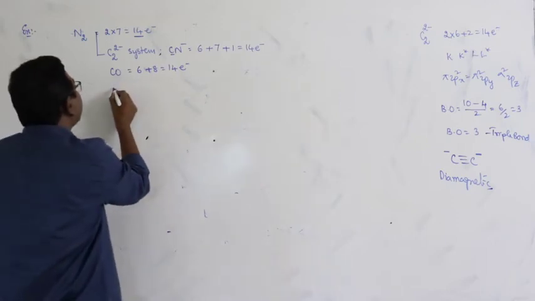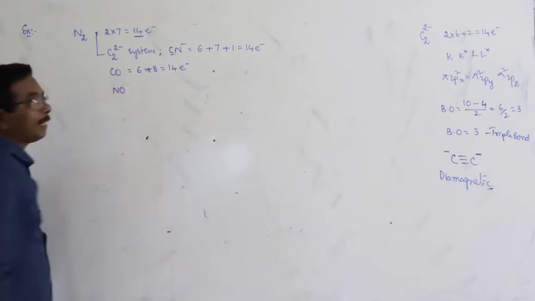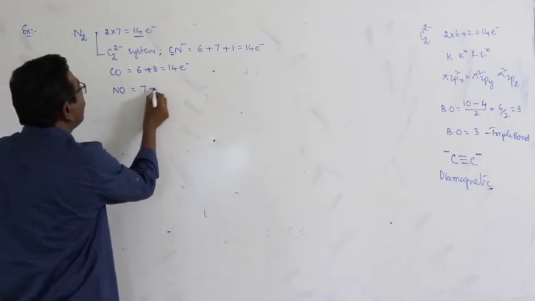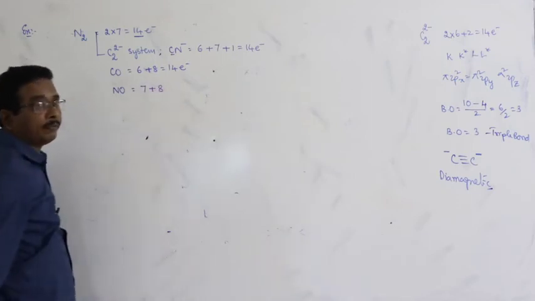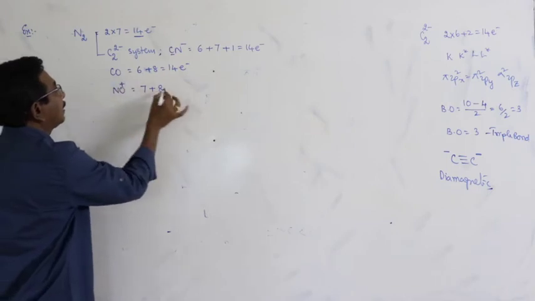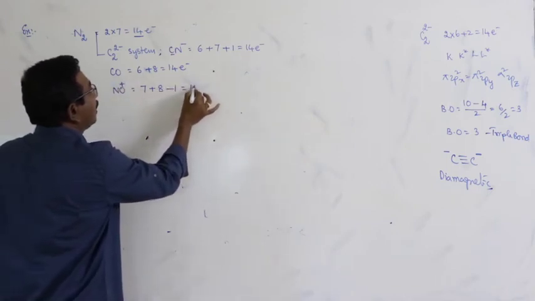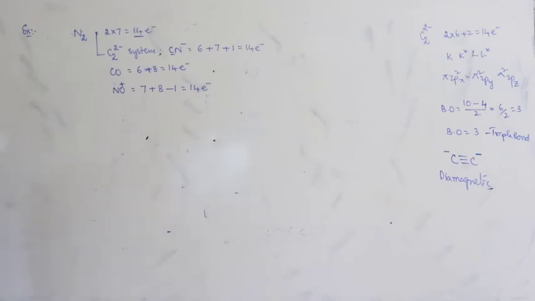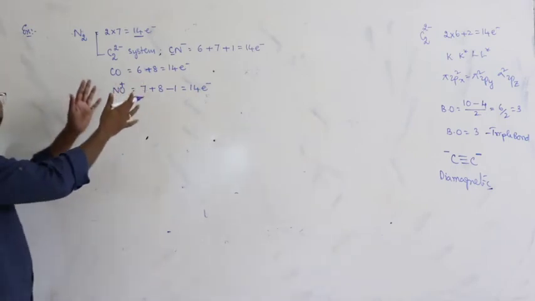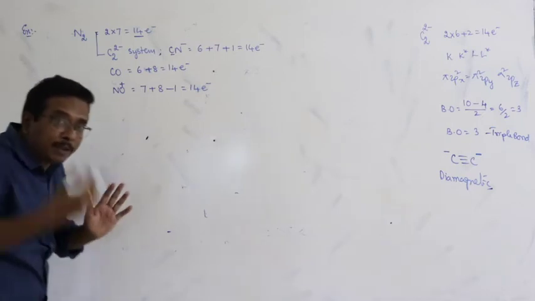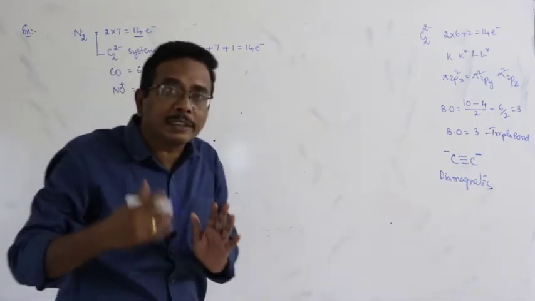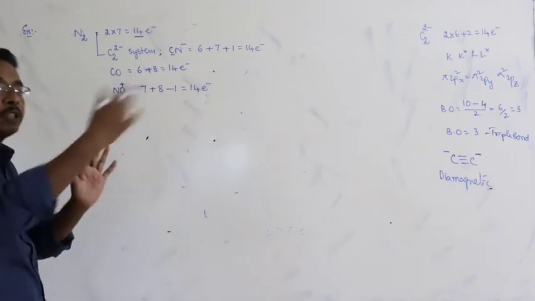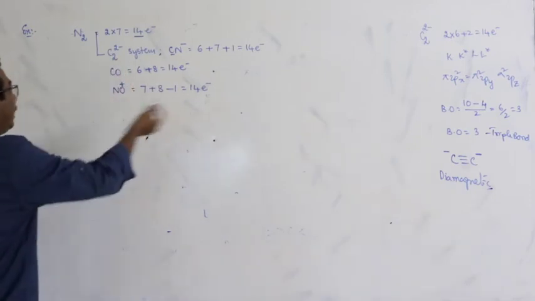And there is another example, nitric oxide. Nitric oxide means 7 plus 8, 15, plus means 1 electron is lost, 14 electron system. You have to think like this, and while you are practicing, you should not think about a single species. You have to search out the species with the same number of electrons.